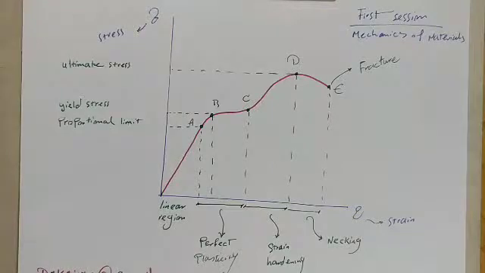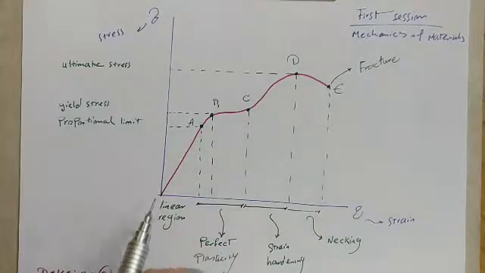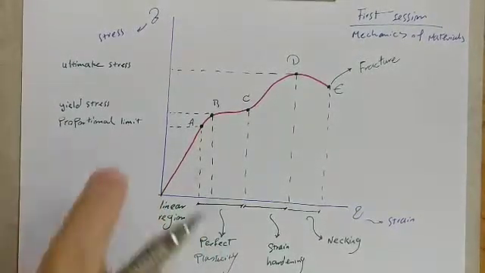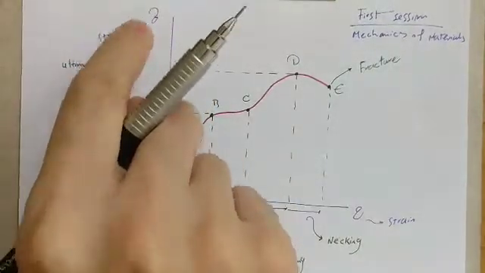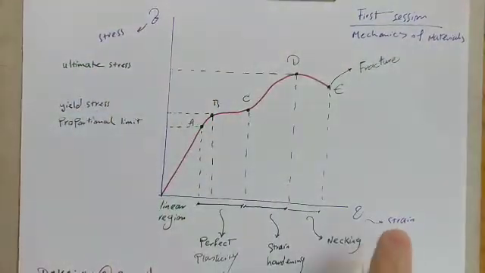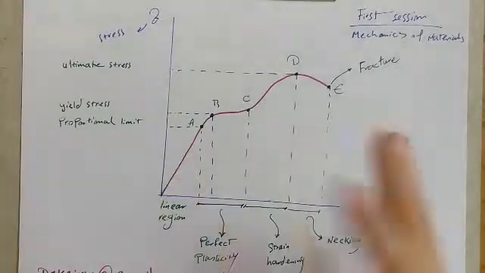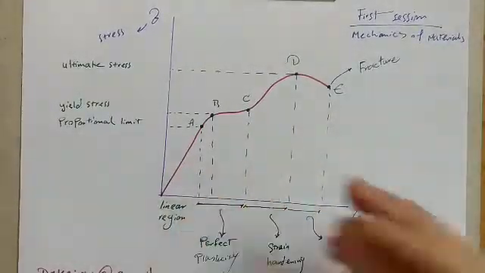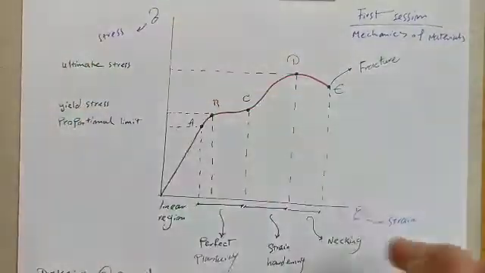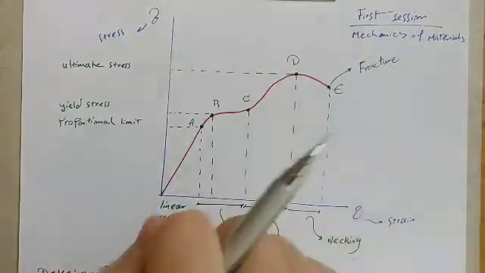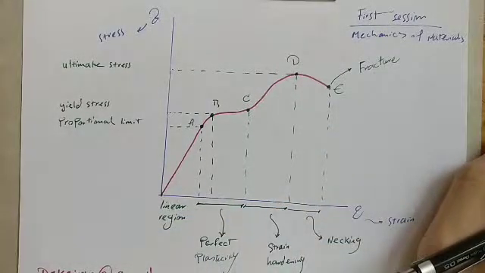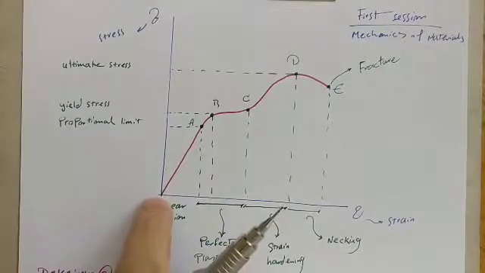First of all, you can see we have the zero point here, and it's clear that when we have no stress, we have no strain, because there is a relation between these two and force, tension or compression.